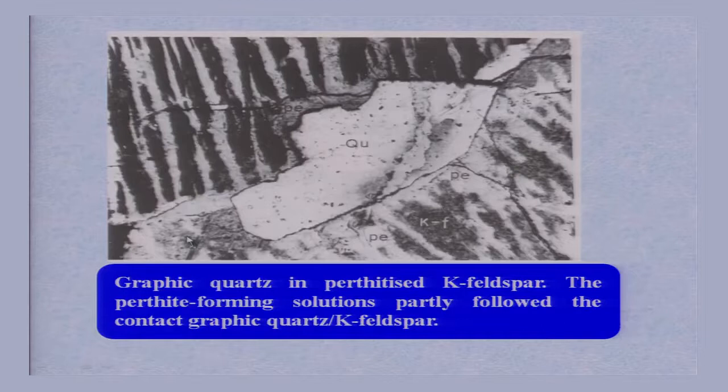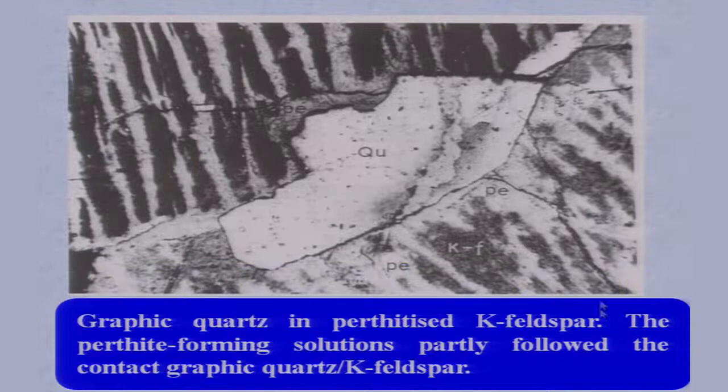Now, I am showing another slide where graphic quartz is in perthitized feldspar. I have already discussed perthitic texture. This is a perthitic feldspar. You have a host of orthoclase and lamellar guest of other feldspar, maybe soda feldspar host and potash feldspar lamellae guest.